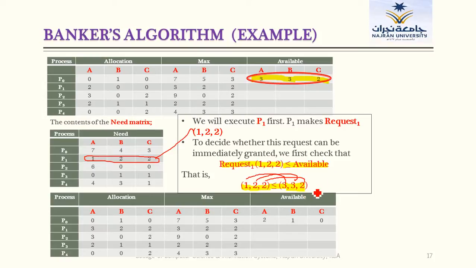If all these are true, then we will execute P1. If anyone has a problem, if this condition is not satisfied, then we will not execute this process. Okay, so whenever P1 requests 1, 2, 2, meaning one instance of A, 2 instances of B and 2 instances of C, you can check it is less than or equal to available.